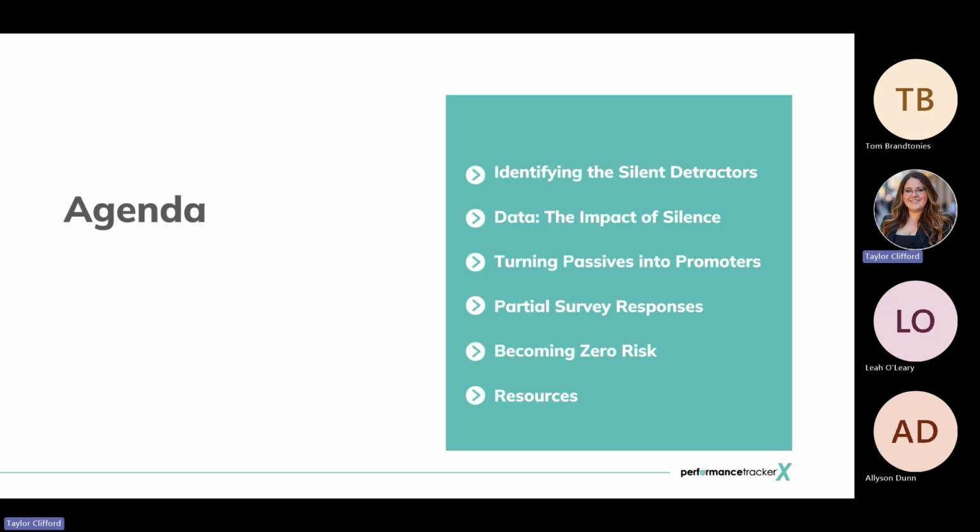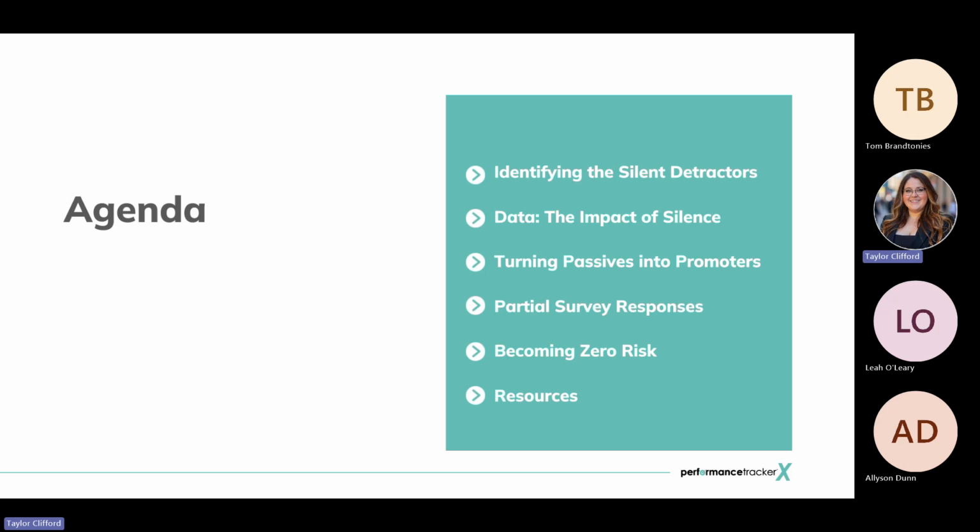Then I'm going to show you some statistics from the current year of data within Performance Tracker, and show you what impact these quote unquote silent detractors or partially completed surveys are making in the data this year.